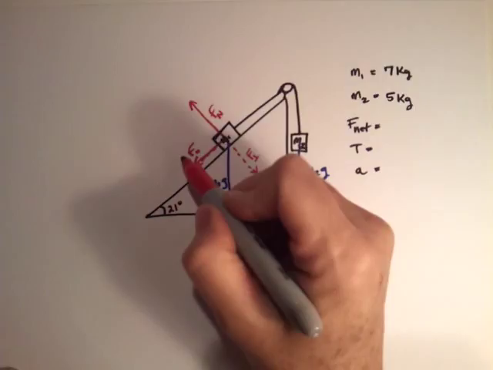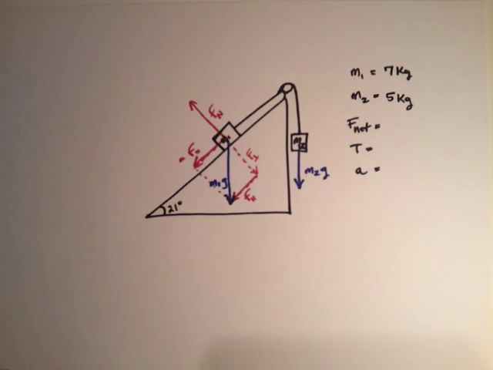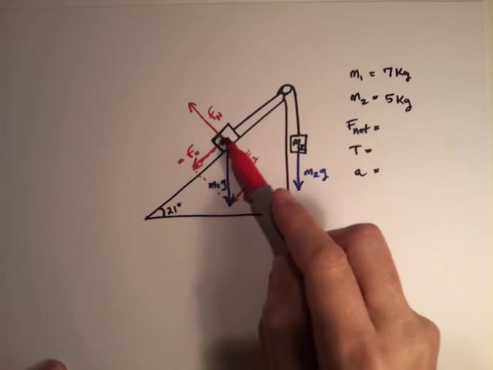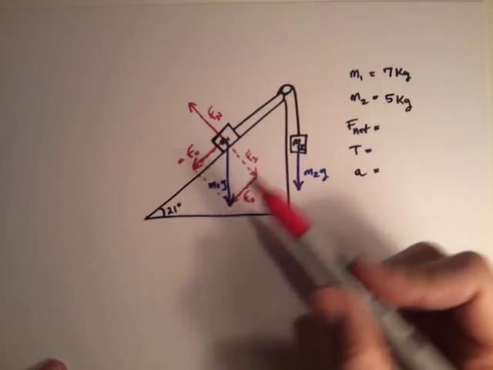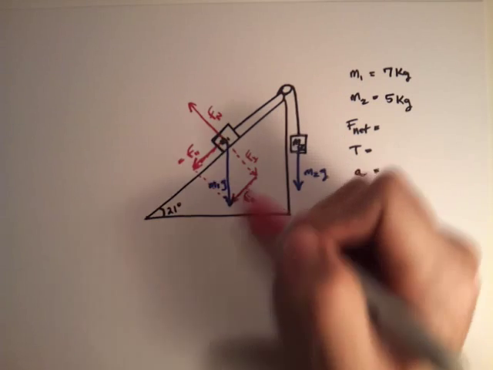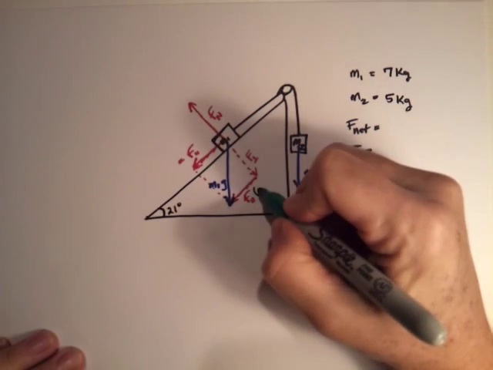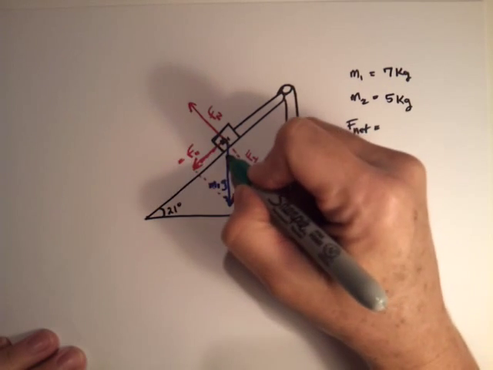Let me pause this for just a second. Okay, so this parallel force is really going to be the opposite side, right? So let's label this as opposite this angle.